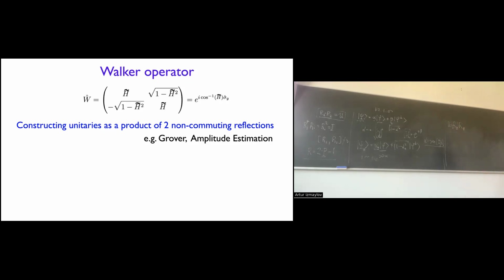Okay, what this means is this R phi is 1 minus 2 |phi><phi|, and this minus R psi is 2 |psi><psi| minus 1. Right? So these are the two reflections, and geometrically, usually people show it on the circle.